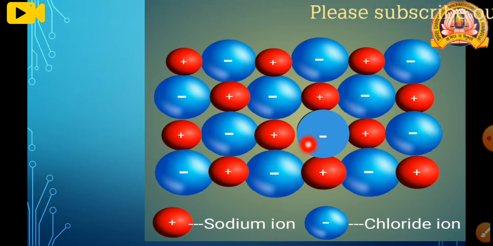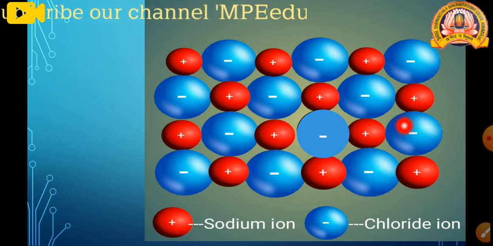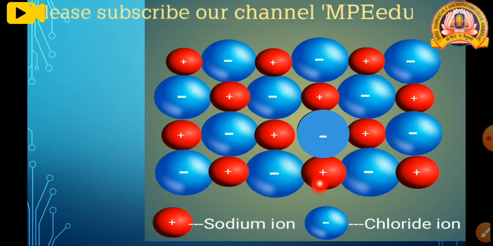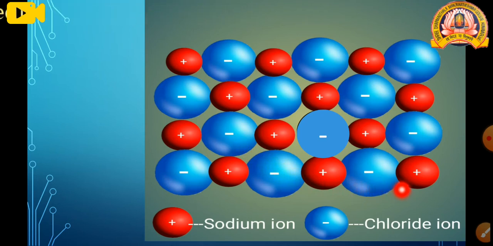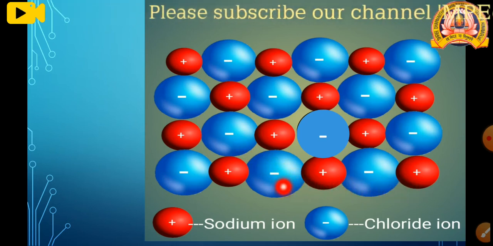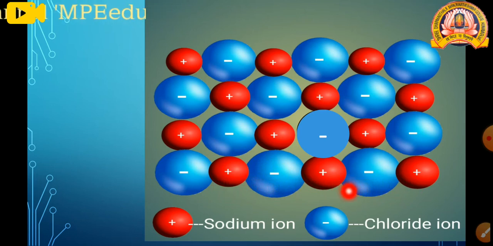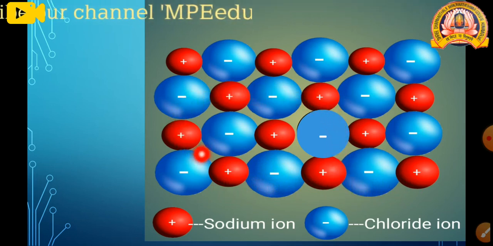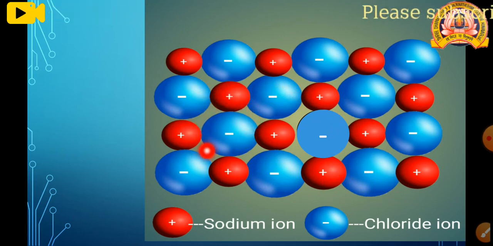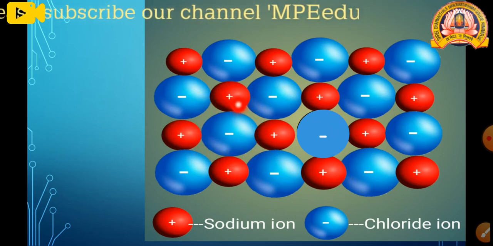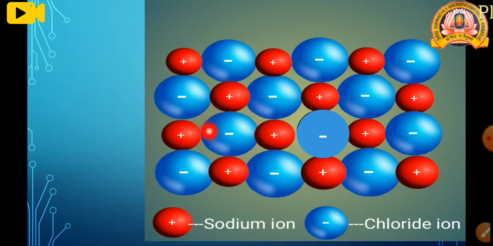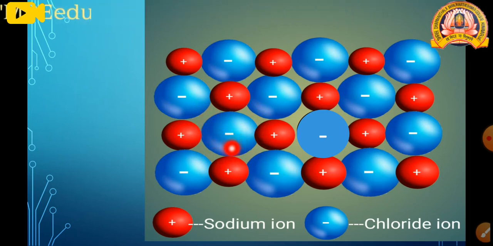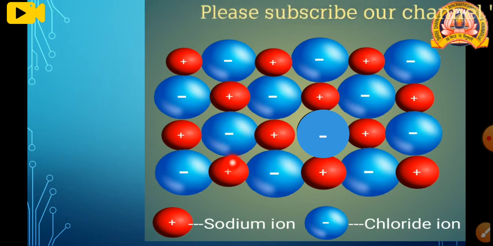In the sodium chloride ionic crystal, due to a change in temperature, pressure or any other external energy, a weakly bonded negatively charged ion, any one weakly bonded negatively charged ion, can be affected. Negatively charged ion means chloride, since I consider the example of sodium chloride. Why is it weakly bonded?